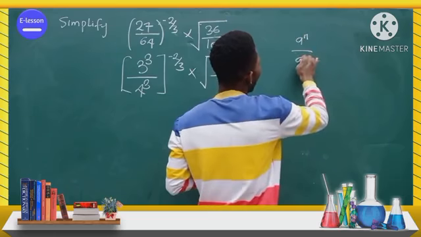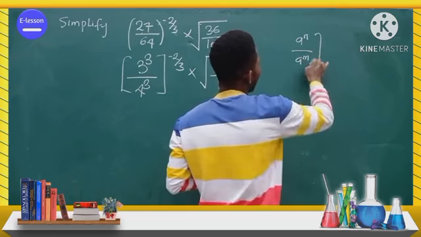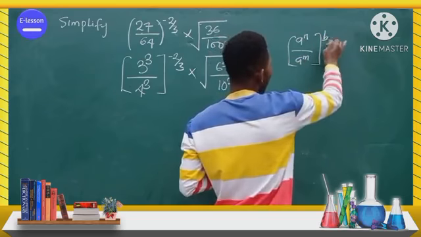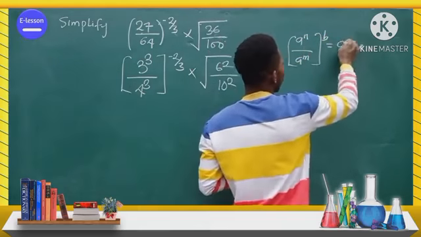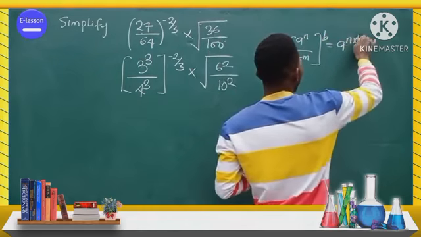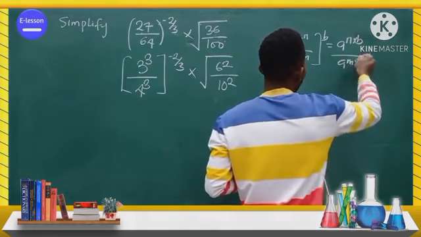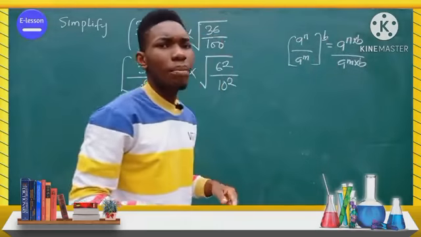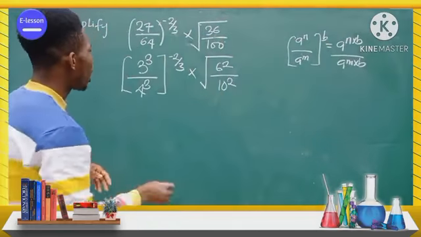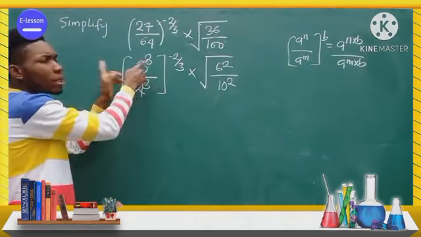Now, there's a law of logarithm that says when you have a to the power of n over a to the power of m, times b, this is the same thing as a to the power of n times b, all over a to the power of m times b. You use the b to open through the bracket. Same thing is applicable here. You use this one to open through the bracket.